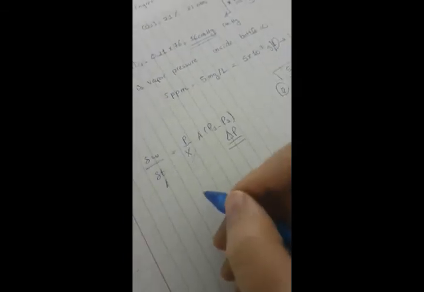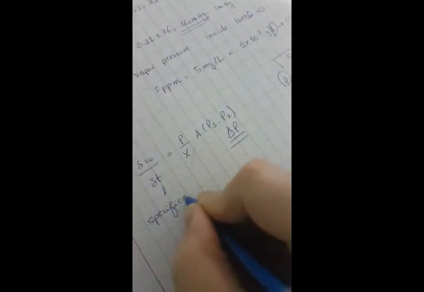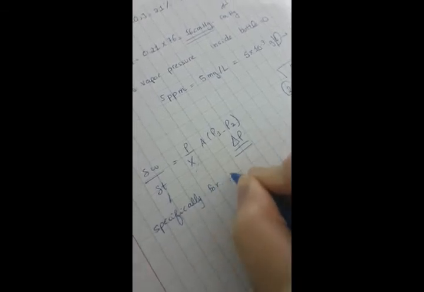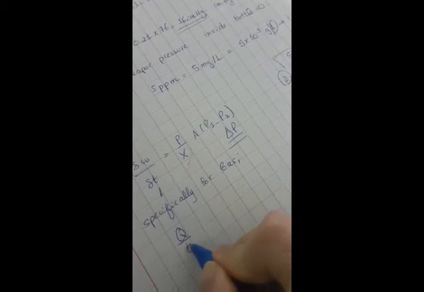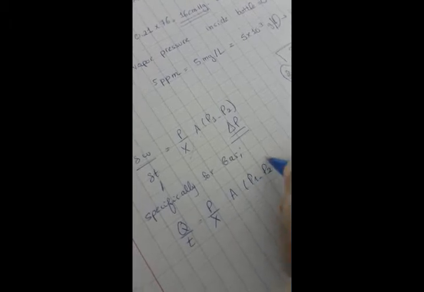Now, when we are speaking specifically about gas, the equation shall be written as the following: Q over T equals P over X, A, P1 minus P2, or delta P. What is the Q?